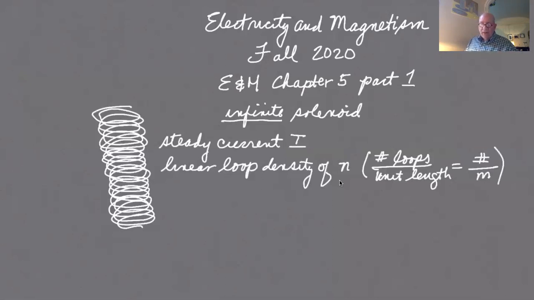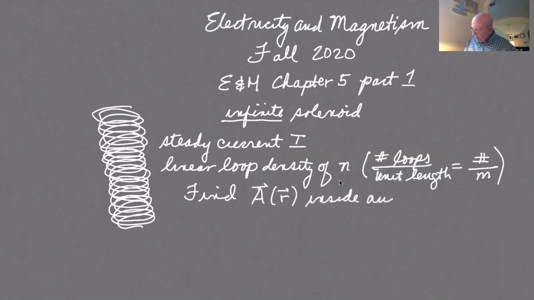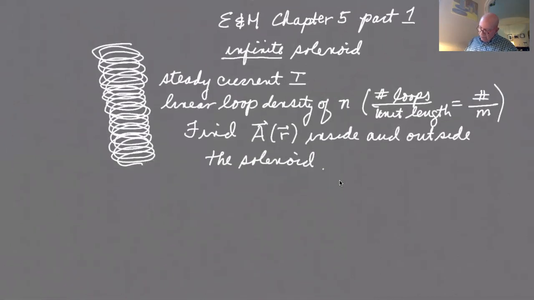Okay. And if one were to ask you to find the vector potential, both inside and outside the solenoid, your first go would be to employ one of the equations for finding the magnetic vector potential.